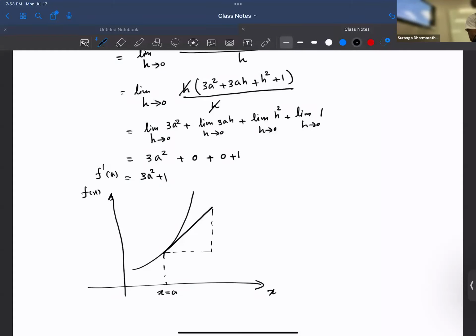Why is it 3? No, that's okay. You had some reason. Just let me know why. Yeah, that's f prime a, right? What does f prime a mean? What does it mean, when you explain it in terms of that figure?